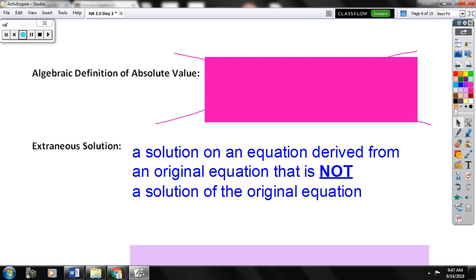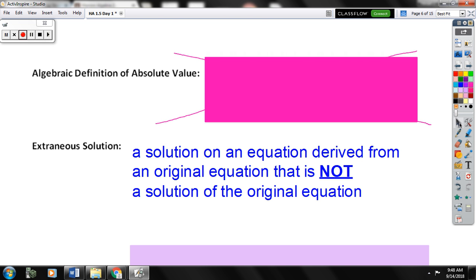Because these pop up, we will have to check both of our answers in the original by plugging them back in, and make sure that they work and get us that same number. It's a little bit time consuming without a calculator especially, but a lot of it's mental math you could do in your head. All right, so we have some steps to solve an absolute value equation.